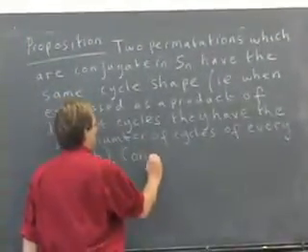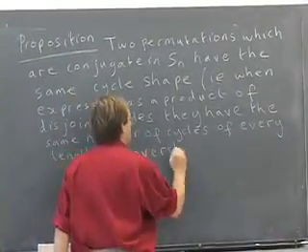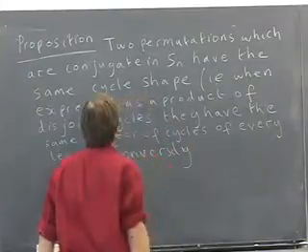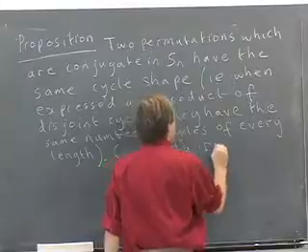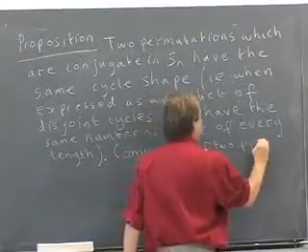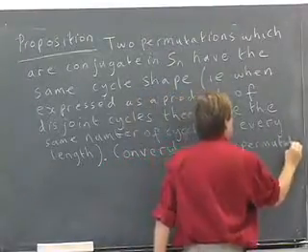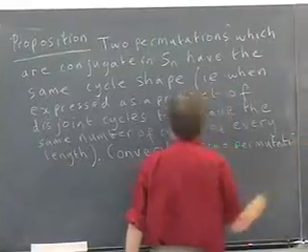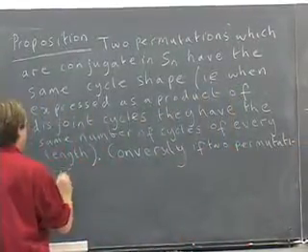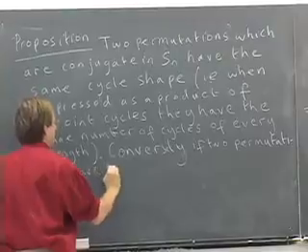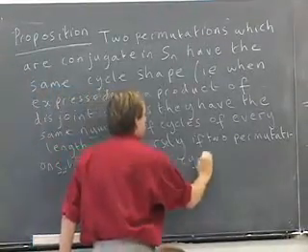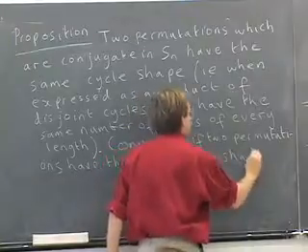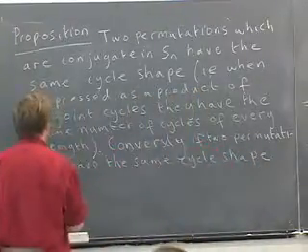So conversely, if two permutations have the same cycle shape, they are conjugate.